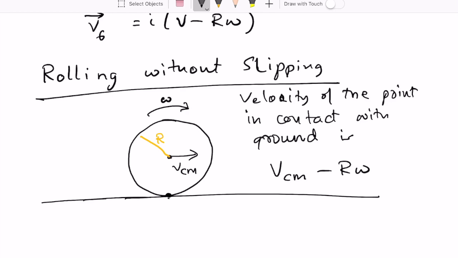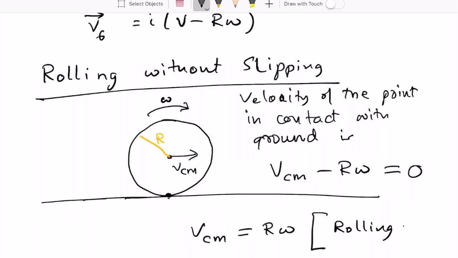Now, we just mentioned how the definition of rolling without slipping is that the velocity of the point in contact with the ground has to be zero. So we conclude that vcm minus r omega is equal to zero. And so from there, we immediately get the very important condition for rolling without slipping: vcm is equal to r omega. Remember that this is only true when the object is rolling without slipping.